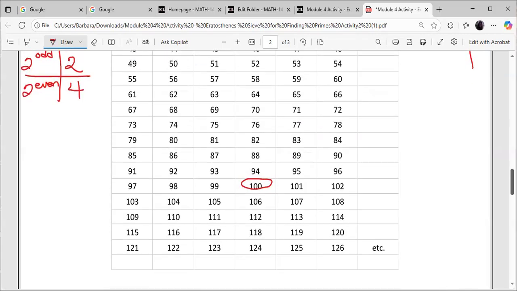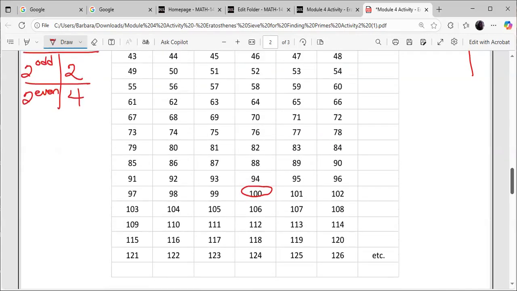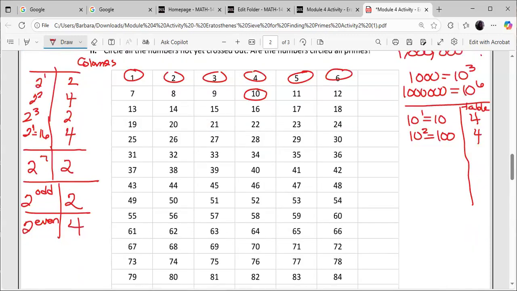In column 4, that's what it sounds like. So you can say 10 to the third and 10 to the sixth might be, according to this pattern, in column 4. That's just using patterns and making a simpler problem using a table.